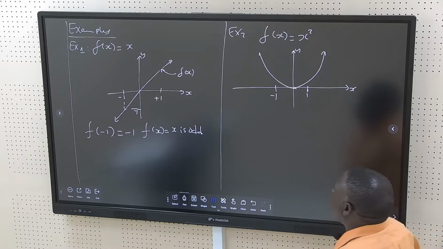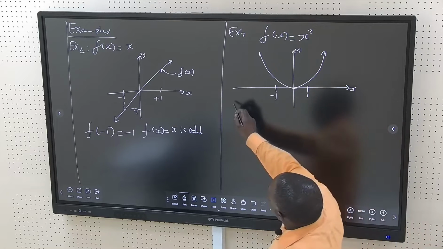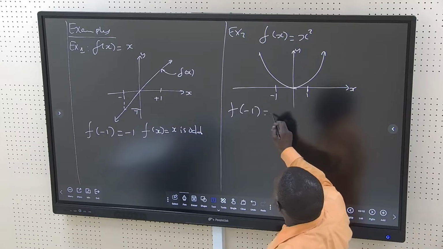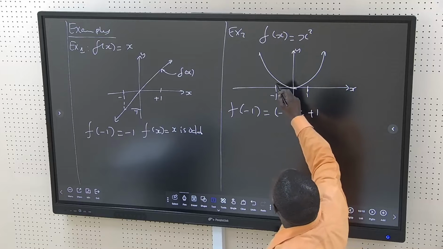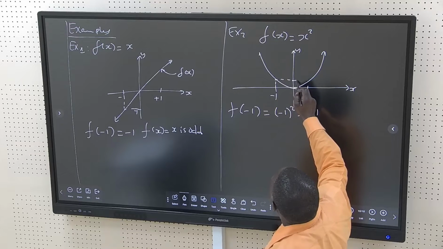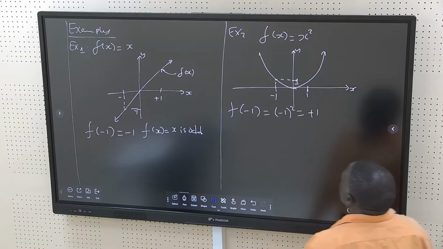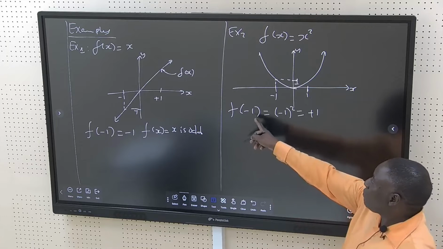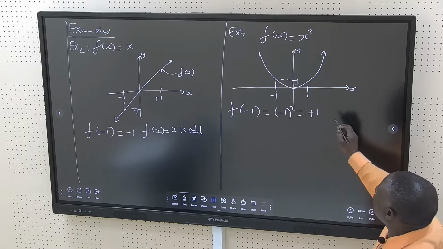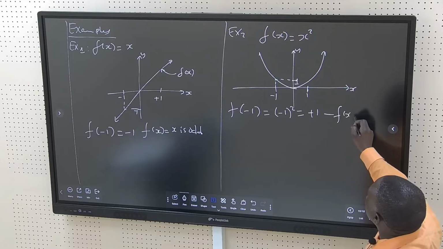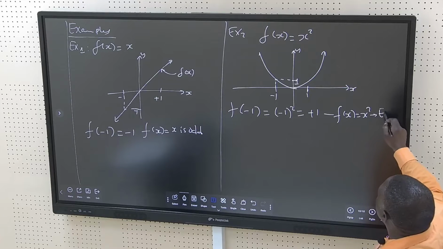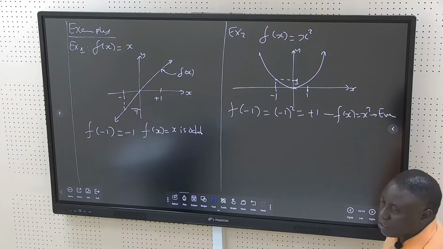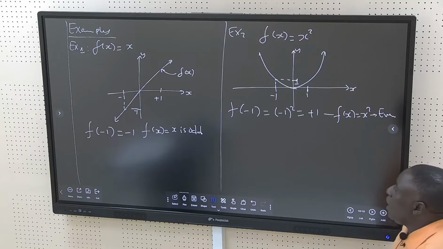Let us see, is this even or odd? f of negative 1 equals negative 1 squared, which is positive 1. Since f of negative x has given us positive, then f of x equals x squared is an even function.